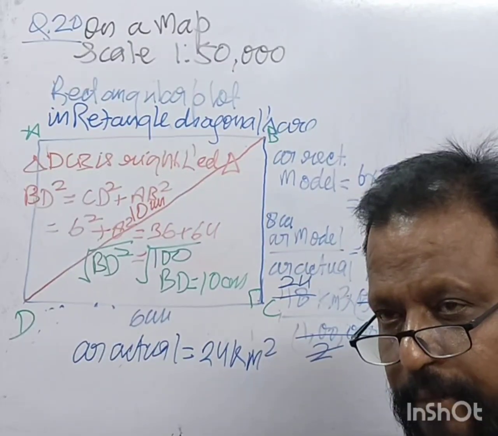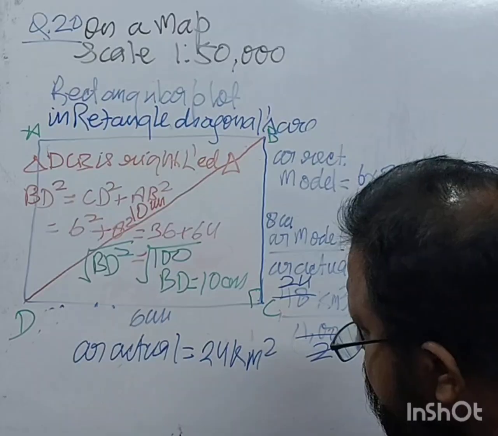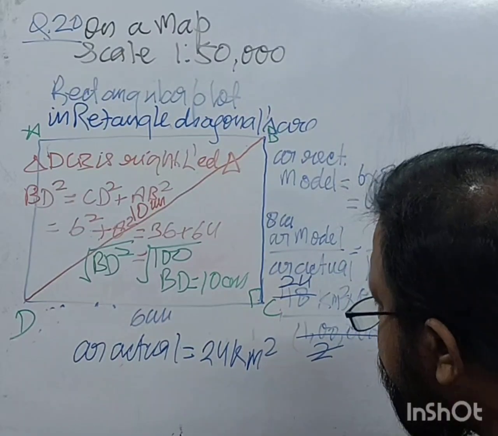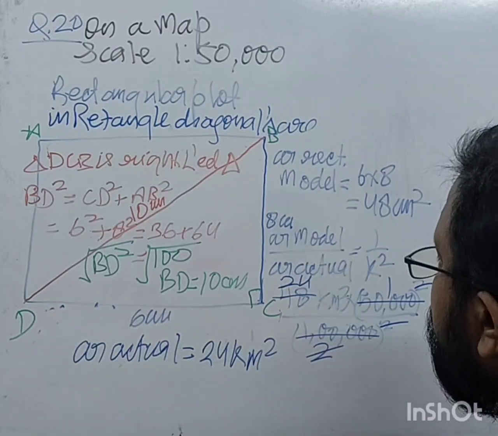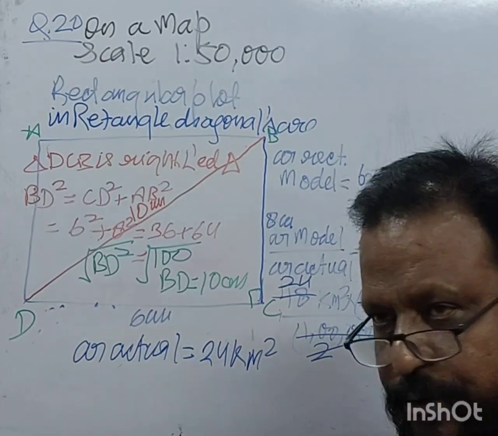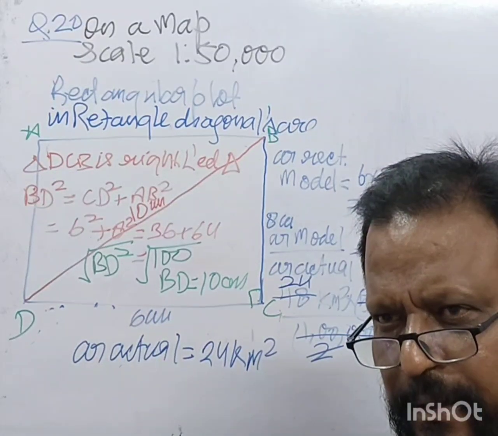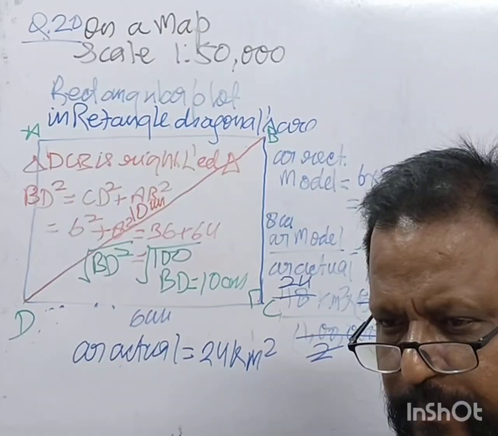Find diagonal AC, and we get that 5 kilometer. Okay, half of that. So this is actual. You check the answer. Is it correct? 12 kilometers square. You check.